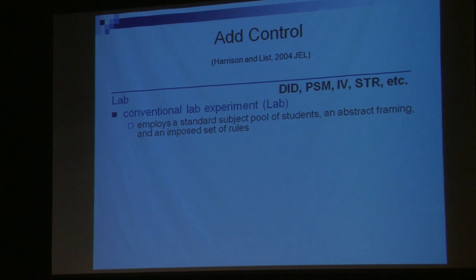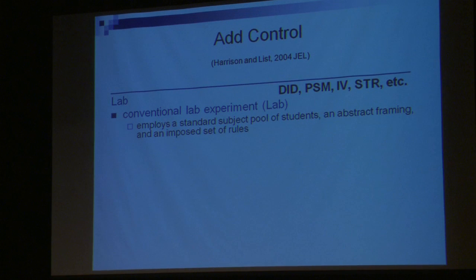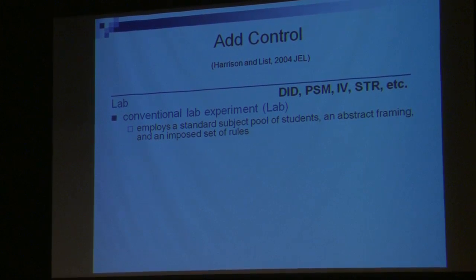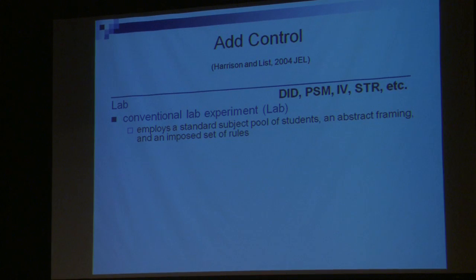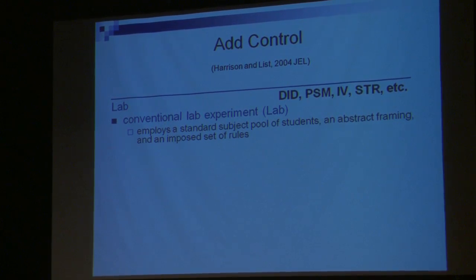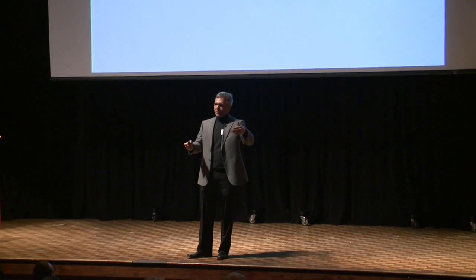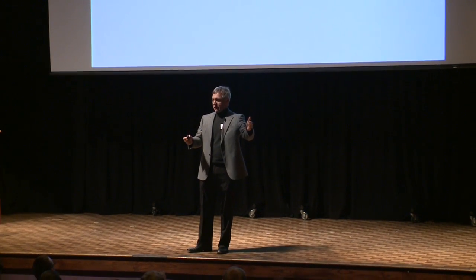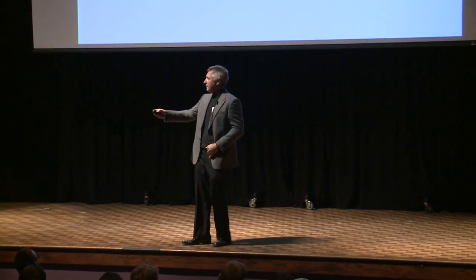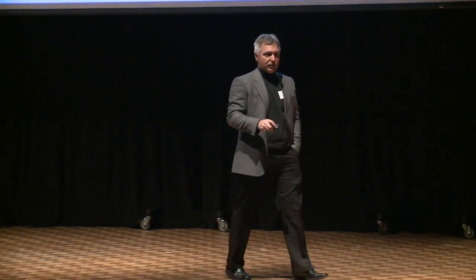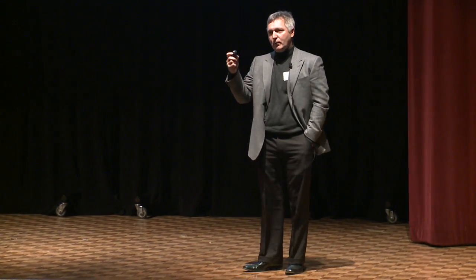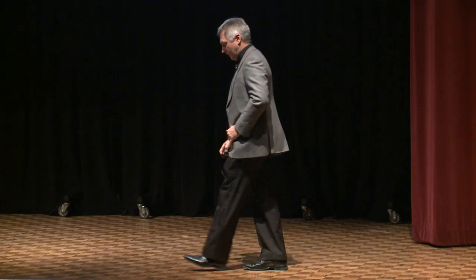You have a classroom or an experimental or psychological lab, and you bring in a bunch of students, and you place them in a very artificial setting. And you ask them questions, or you pay them to make various choices. That's a typical lab experiment. And this is coming right from the Harrison and List paper, which your dean mentioned. Okay, so this is a way we think about the first step as a conventional lab experiment.